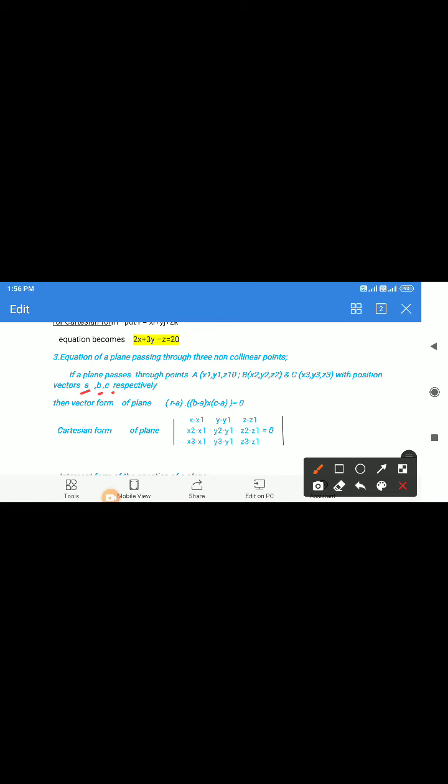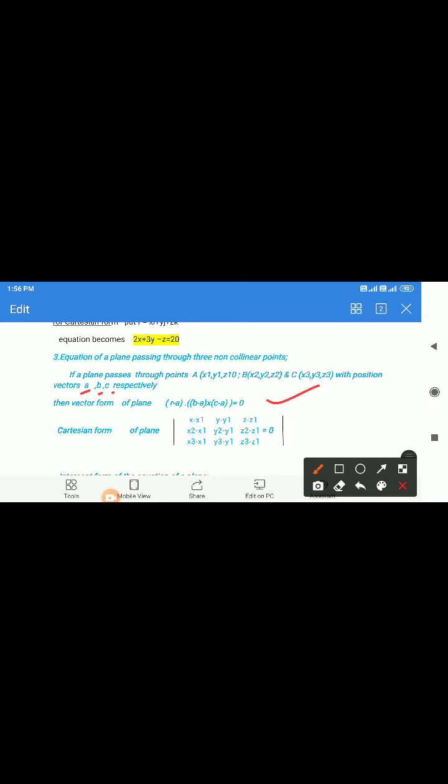So its equation becomes (r minus a) dot (b minus a) cross (c minus a). First you find b minus a and c minus a, take their cross product, and then its dot product will be taken with r minus a.